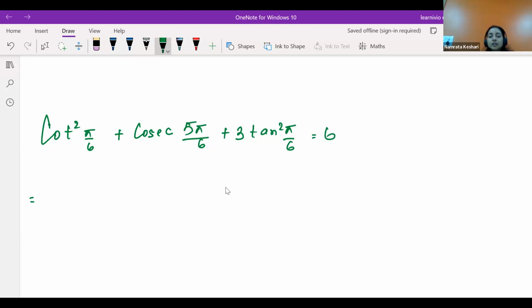Now tell me cot 30 will be what? Root 3. Right?